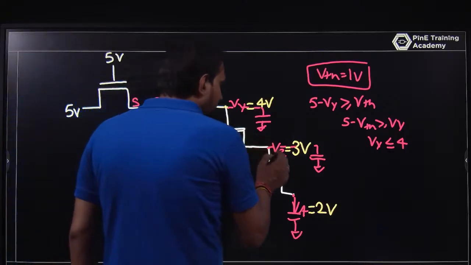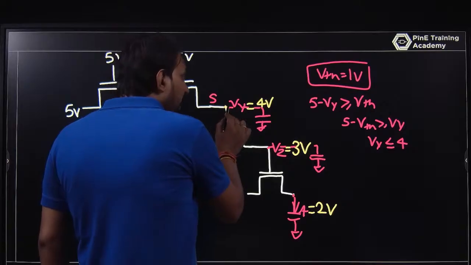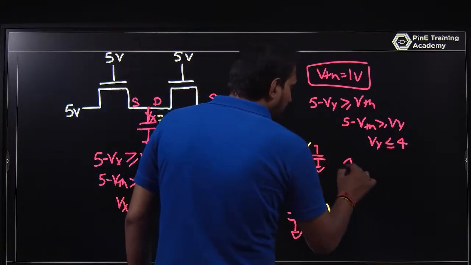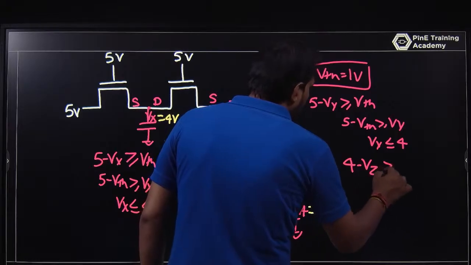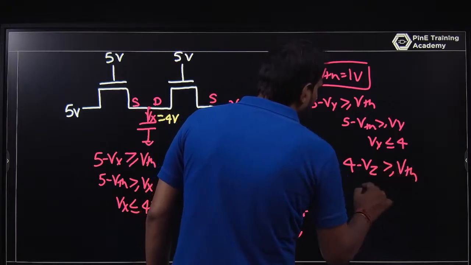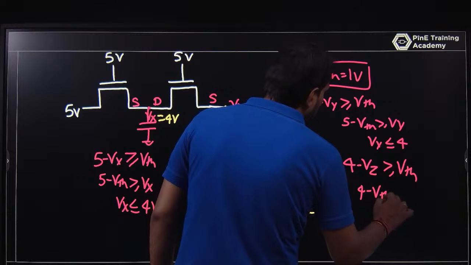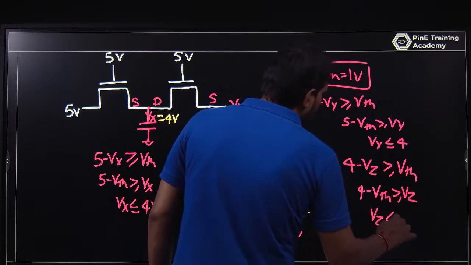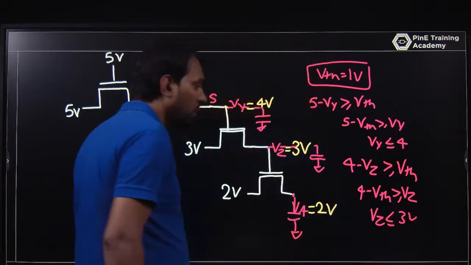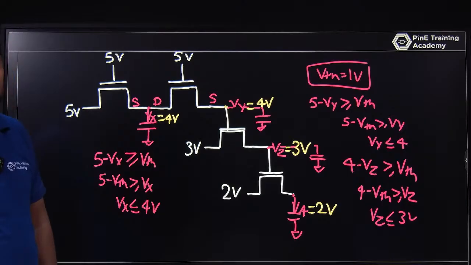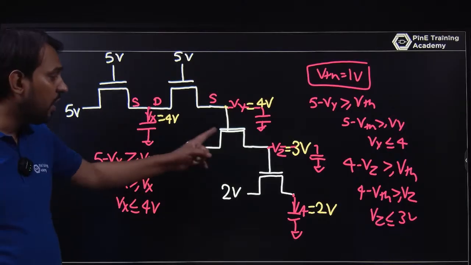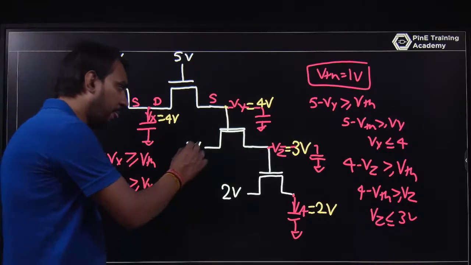Let's talk about Vz. So the gate voltage is 4 volt. Vgs is greater than or equal to Vth. So 4 minus Vth is greater than or equal to Vz. So Vz is less than or equal to 3 volt. So the maximum voltage across Vz is 3 volt, and it will depend on the drain potential.